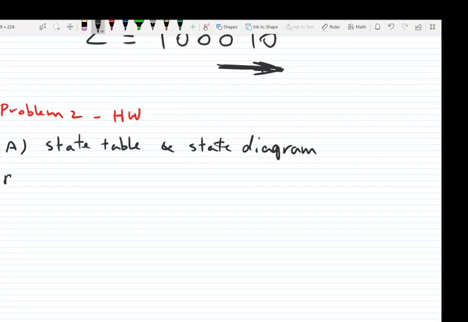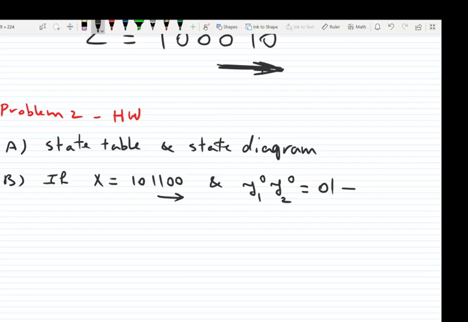Part B: if input x is 101100 and y1 y2 are equal to 0 1, find the z and timing diagram.